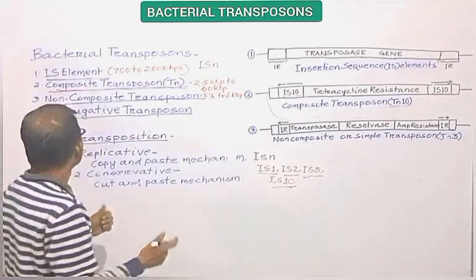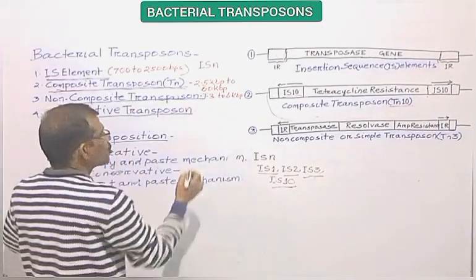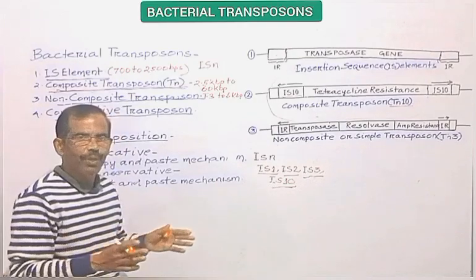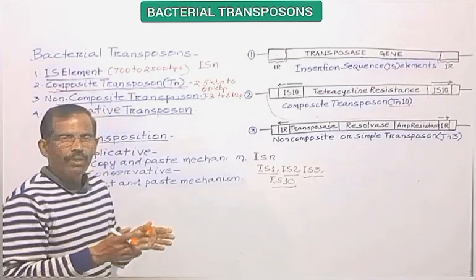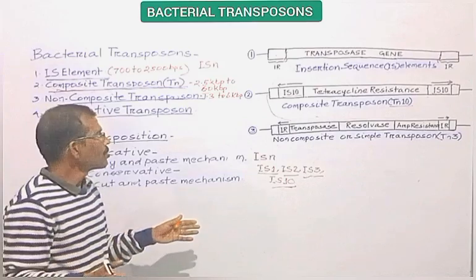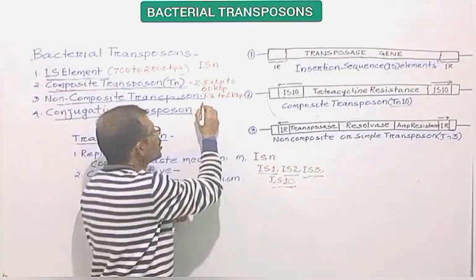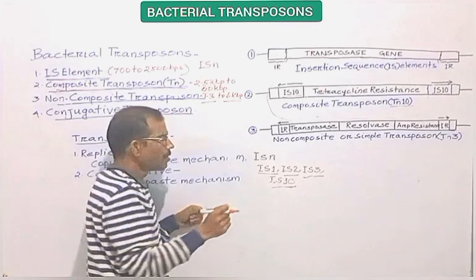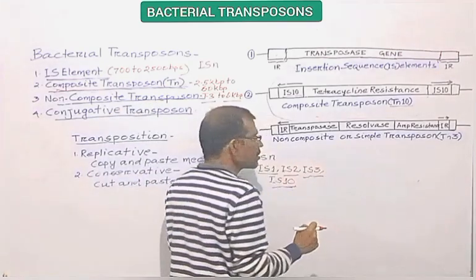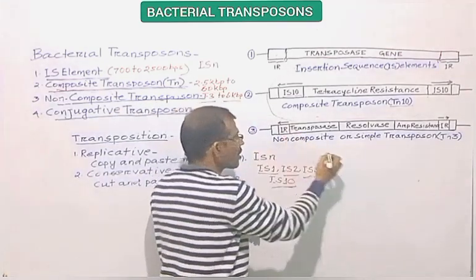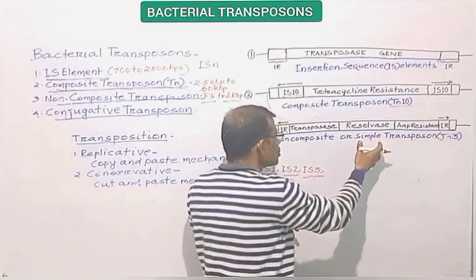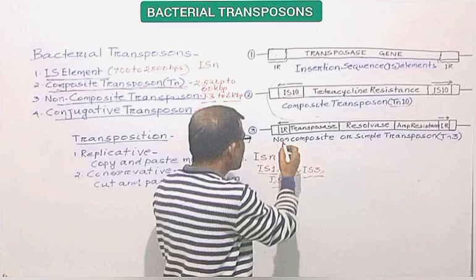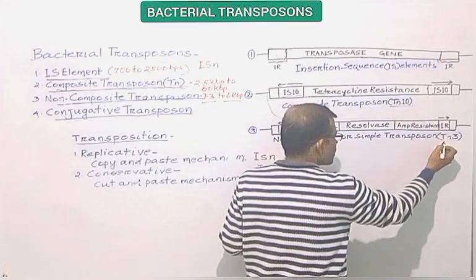Third one is the non-composite transposon, which is also represented by the symbol Tn. Non-composite transposons are from 1.3 to 6 kilobase pairs long. These mobile elements consist of a central coding region which is flanked on either side by short terminal inverted repeats.